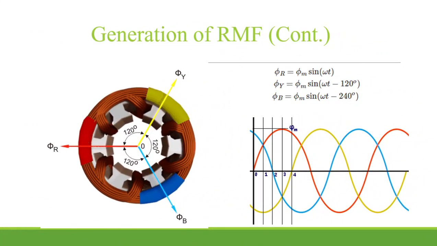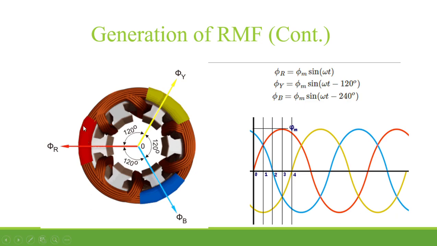Now coming to generation of RMF for three-phase supply. When we apply a three-phase supply to a three-phase distributed winding of a rotating machine, a rotating magnetic field is produced, and this rotating magnetic field rotates at the synchronous speed.